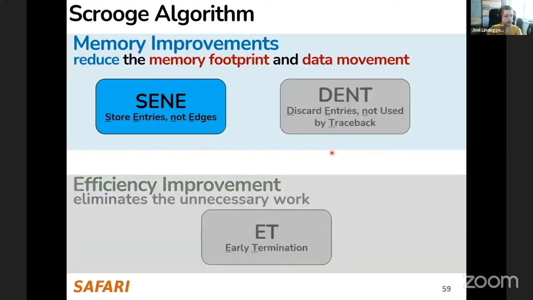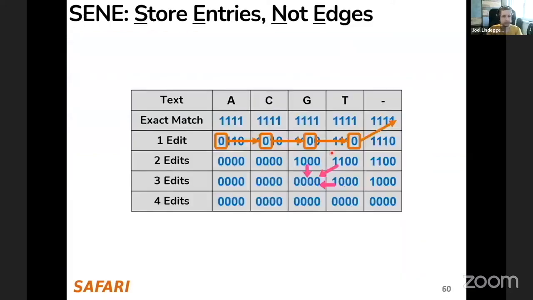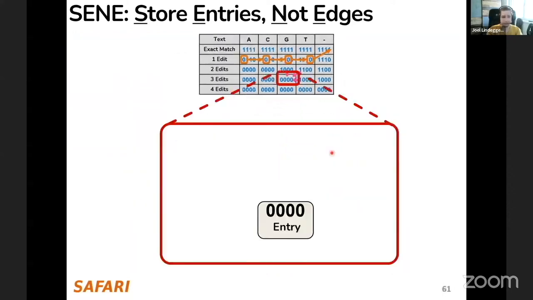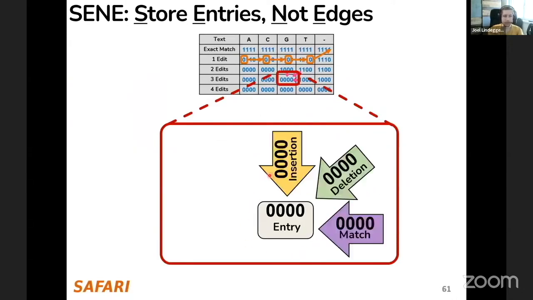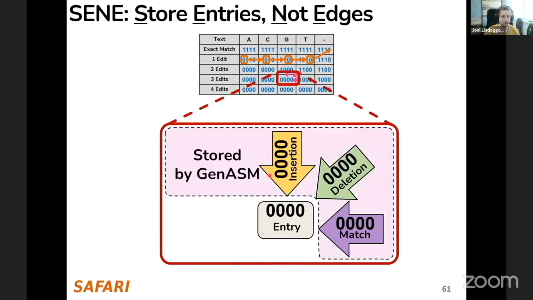So SENE stands for store entries not edges, and it comes from the observation that if you look at a single entry over here, what's actually stored by GNASM is not one of these entries, but rather the 3 edges that produced 3 out of the 4 edges that produced this entry. So there are really 3 edges that are stored by GNASM to then be able to trace back where a given 0 came from in here.